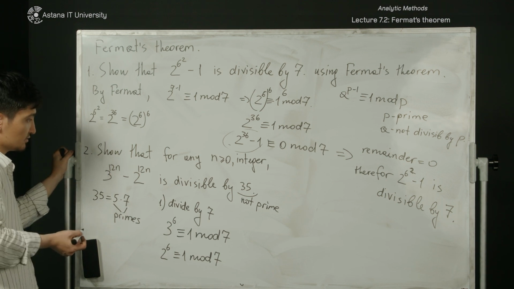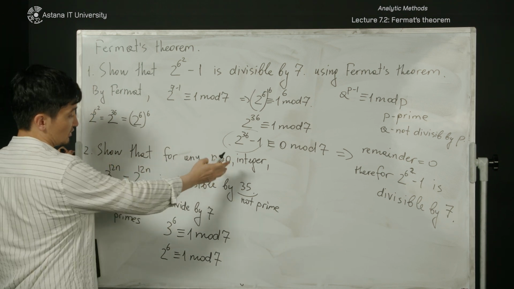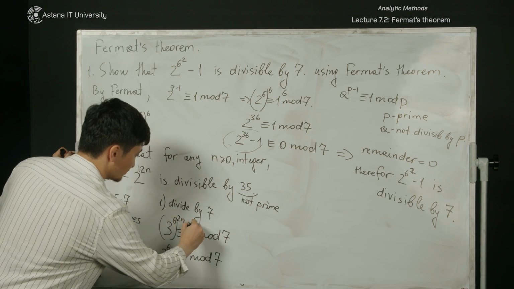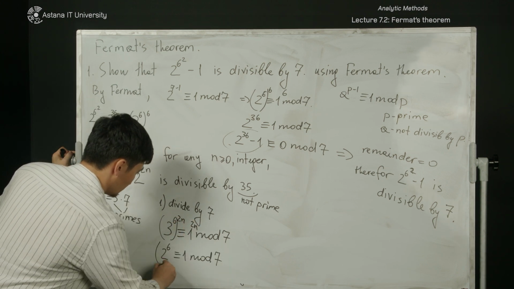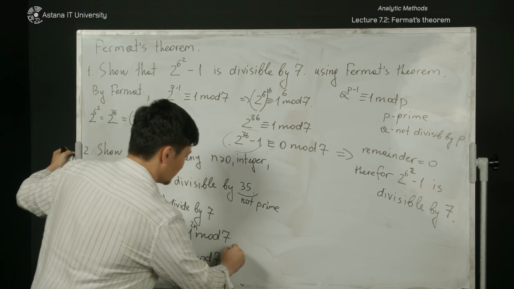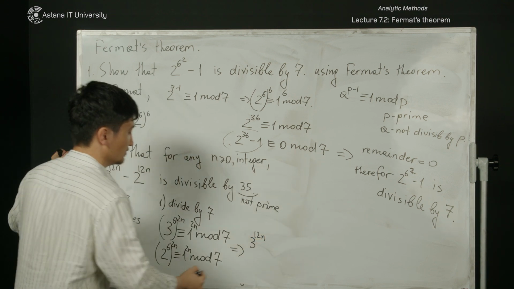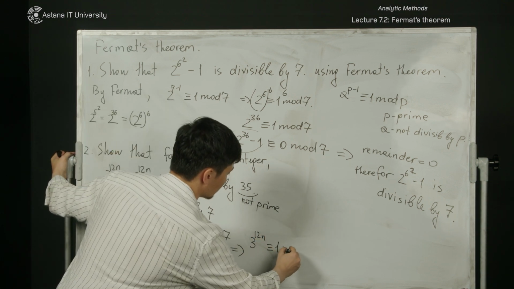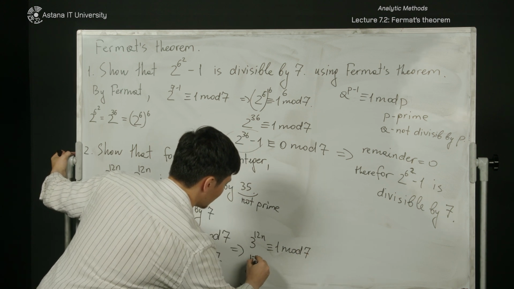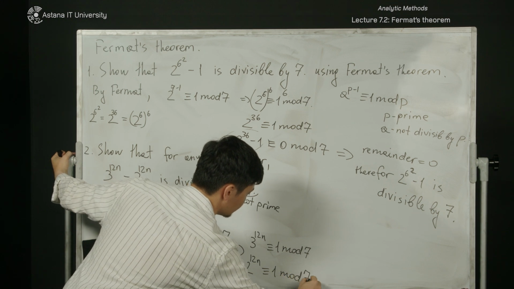So since I know that n is a non-negative integer, I can raise this to the power of 2n, and this one also, 2 to the power of 6 to the power of 2n, and therefore this will give me 3 to the power of 12n gives me remainder 1 mod 7, and 2 to the power of 12n gives me 1 mod 7.